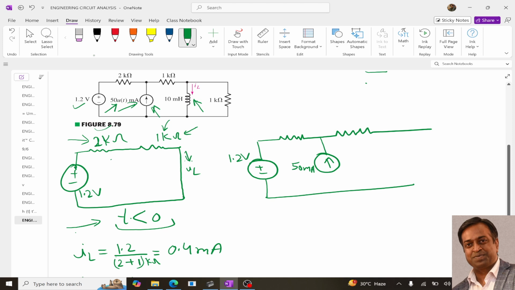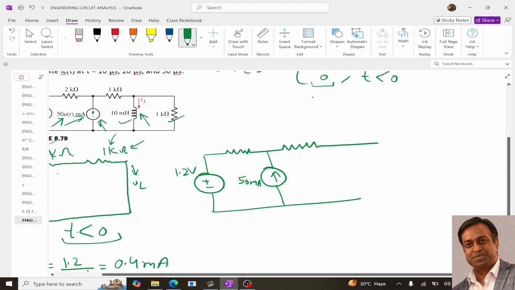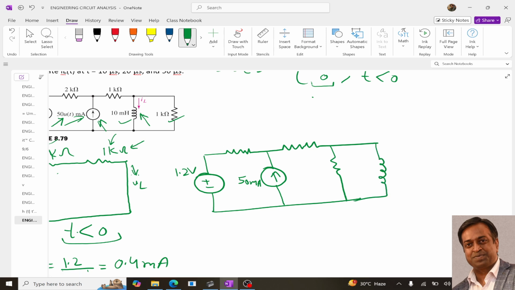Because at t greater than 0 the current is 50 milliampere. We have an inductor and a resistor, both connected in parallel. Since they are in parallel, I can change their positions: we can draw first the inductor and then the resistor, or first the resistor and then the inductor.